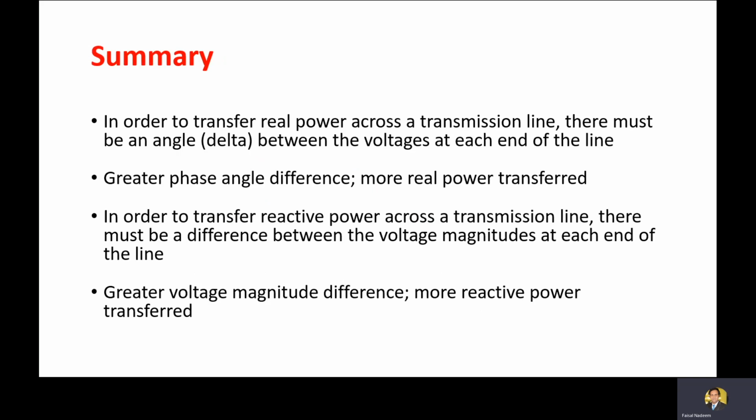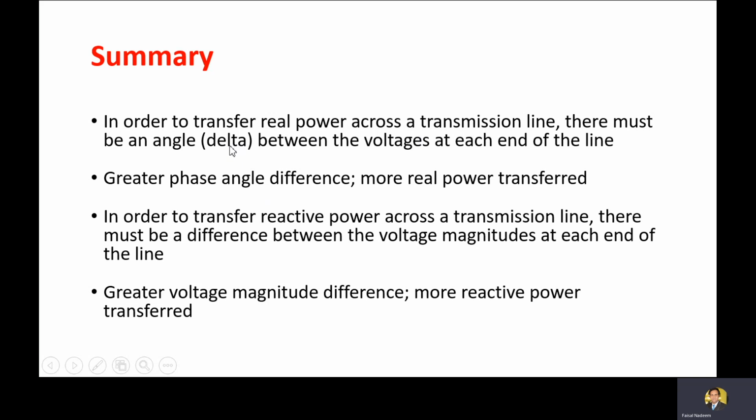So what is the summary of this whole talk? In order to transfer real power across a transmission line, there must be an angle, that is delta, not theta. This should be kept in mind.